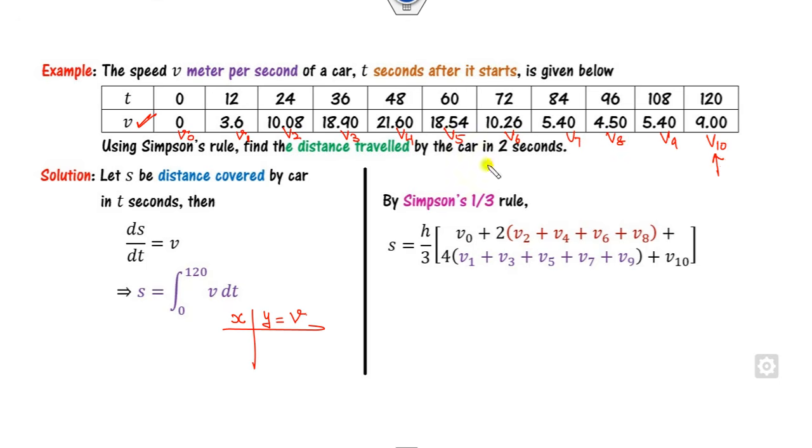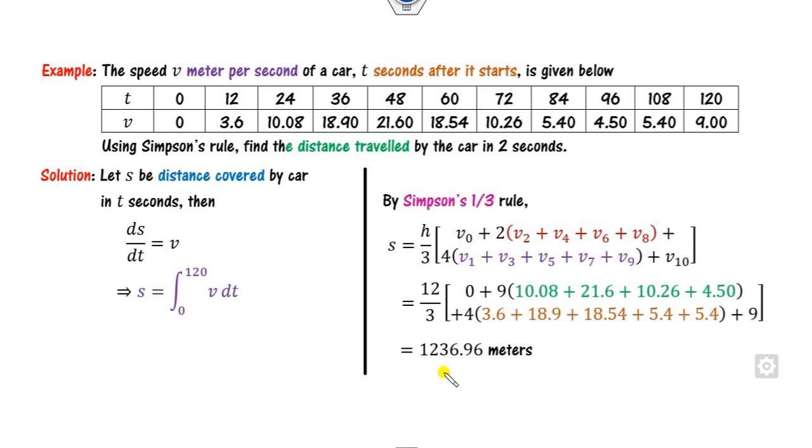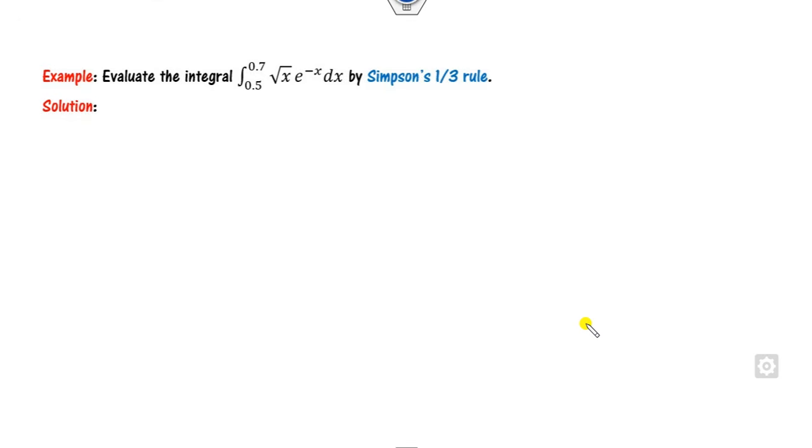So I can skip the first part and the last part. 2 times of the even numbers and 4 times of the odd numbers. So I can substitute all the values here. You will get the required answer after using the calculator.